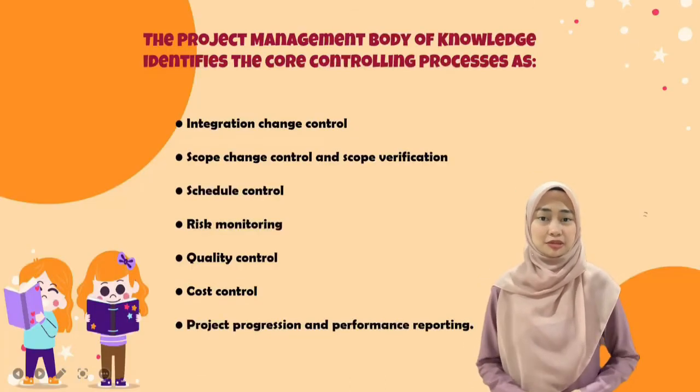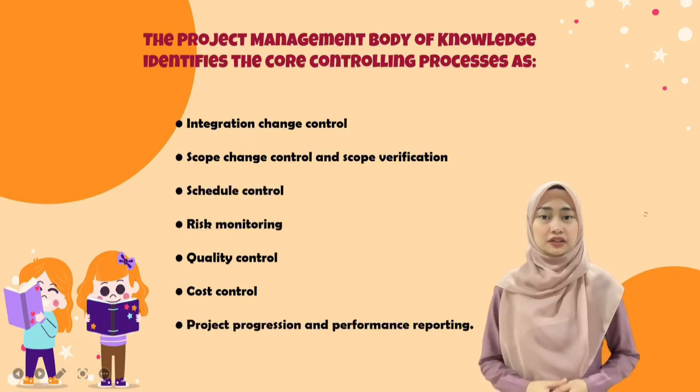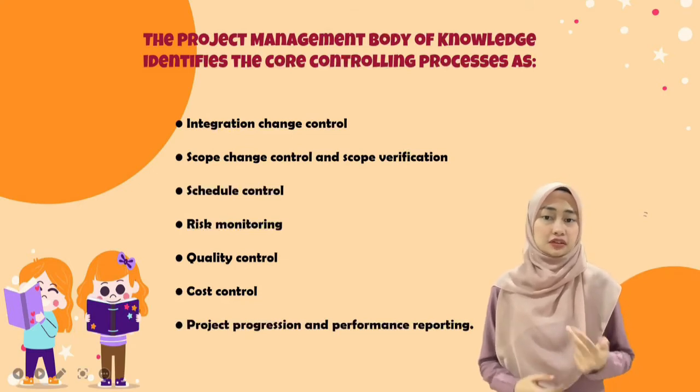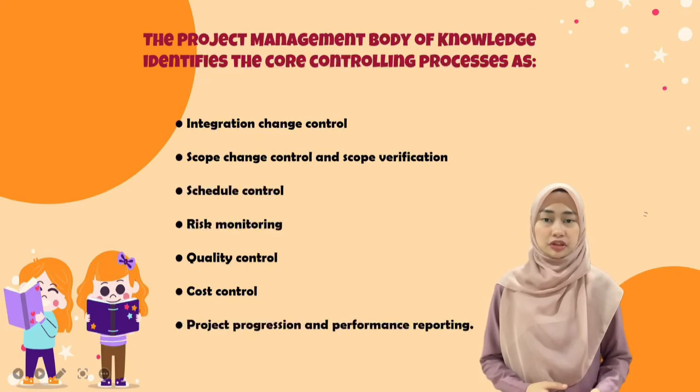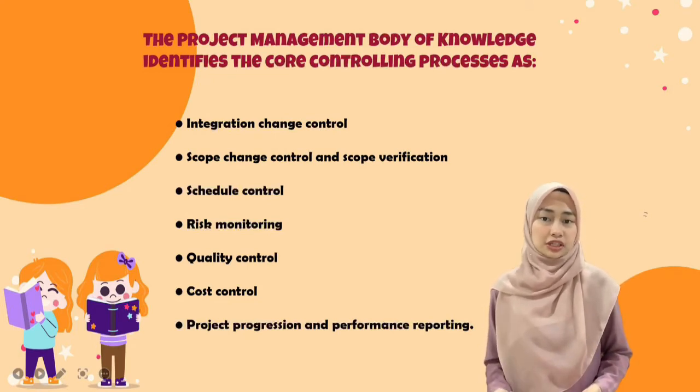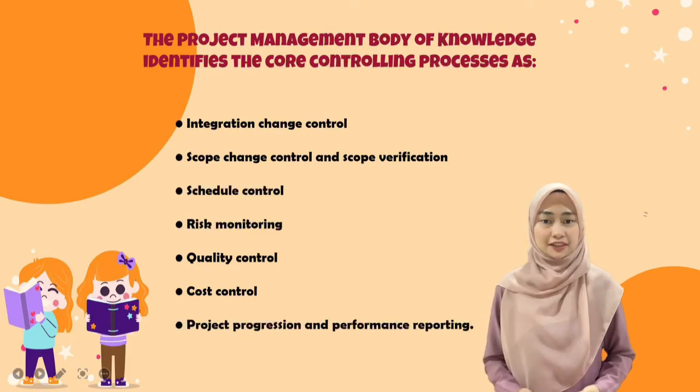The Project Management Body of Knowledge identifies the core controlling processes as integration, change control, scope change control and scope verification, schedule control, risk monitoring, quality control, cost control, project progression, and performance reporting.